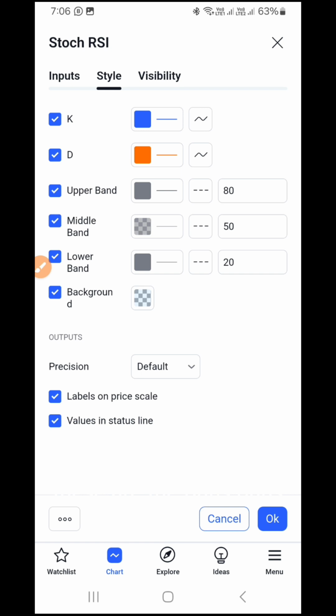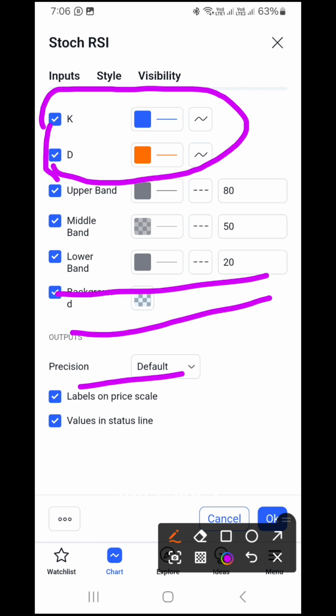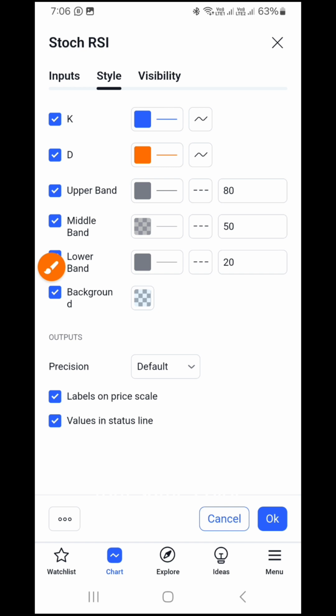Okay, after saving as default, then you go to style. We go to style. These are the bands, I mean the ribbons. Stochastic RSI is like this, three lines, but there are those two ribbons that move like this. So these two, K and D, are our ribbons. We're going to leave them in the same color.